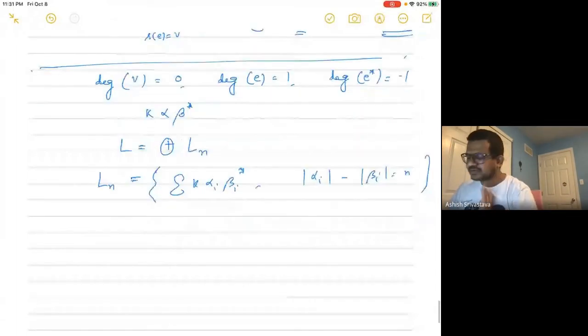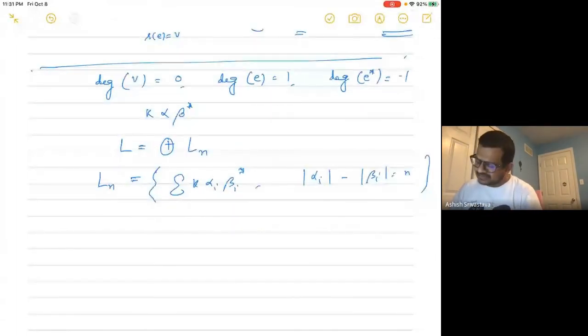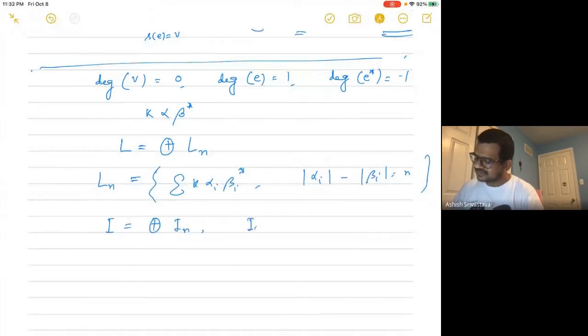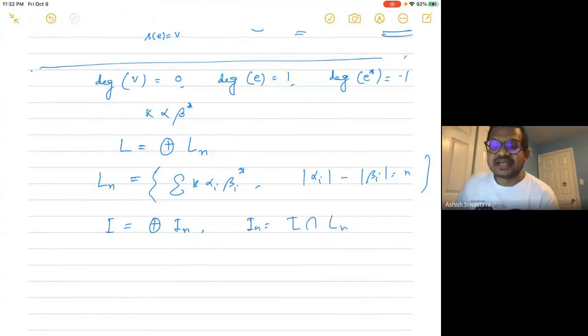So we can talk about graded ideals here. An ideal I here is called graded if I is of the form I. Now the graded ideals have a very nice structure.